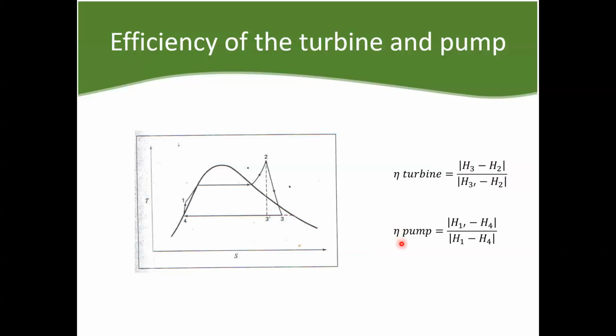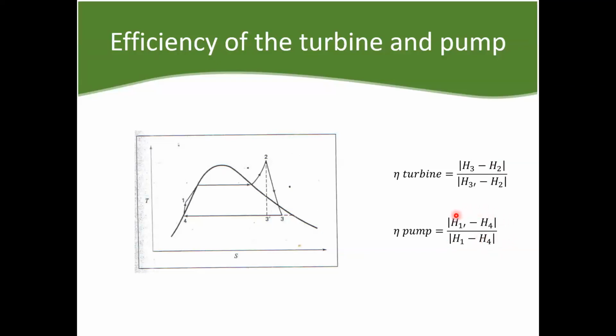But for the pump, it's the opposite. The ideal work required is always lower than the actual work required. Because in the ideal world, the pump would require less work, but in the actual world, it will require more work or more electricity, right?